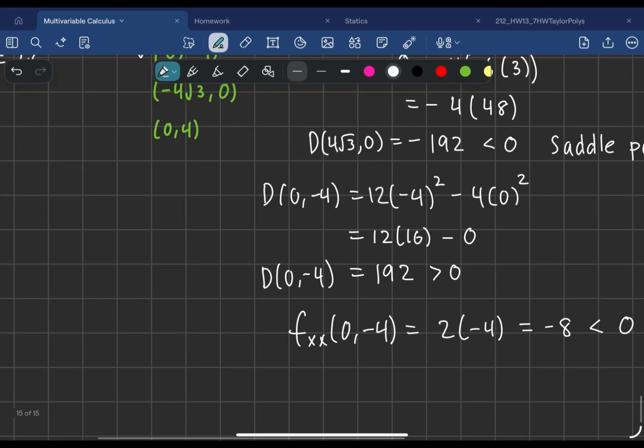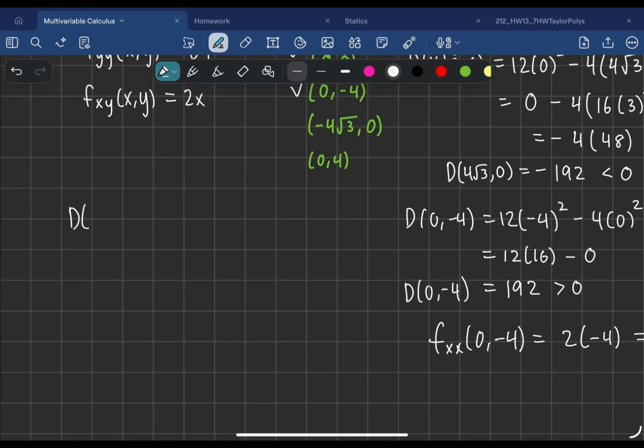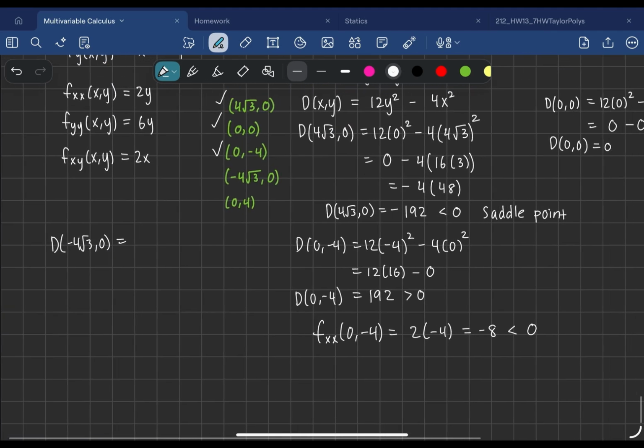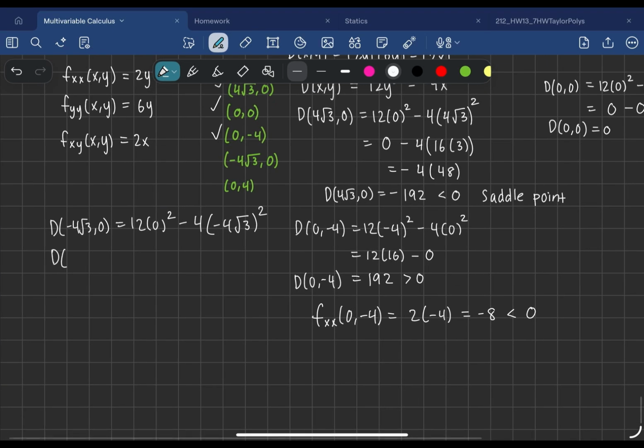Let's do our final 2 points. D at negative 4 rad 3, 0 is going to be equal to 12 times 0 squared minus 4 times negative 4 rad 3 squared. We evaluated something similar to this earlier. It's going to be 0 minus 4 times, again, 16 times 3, which is 48.